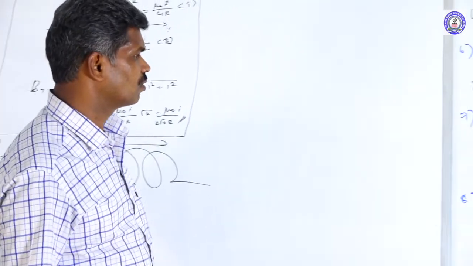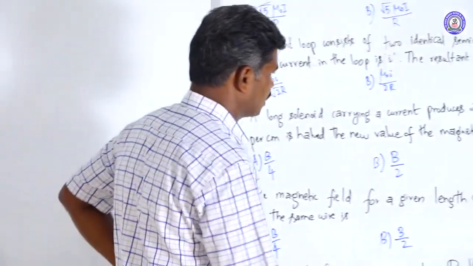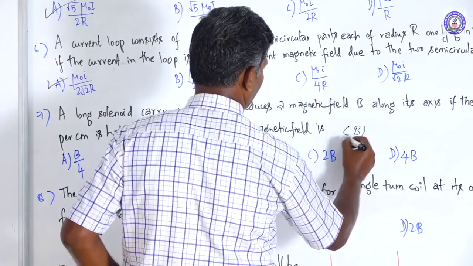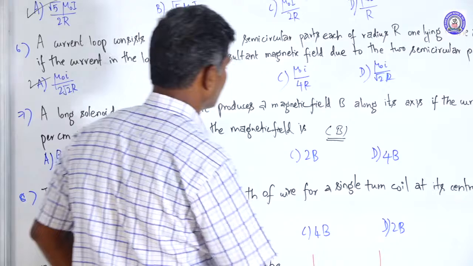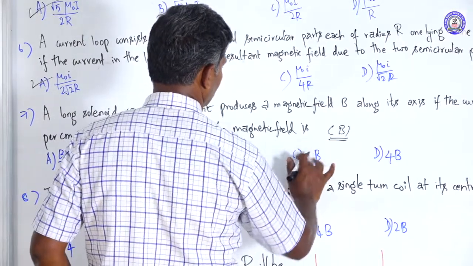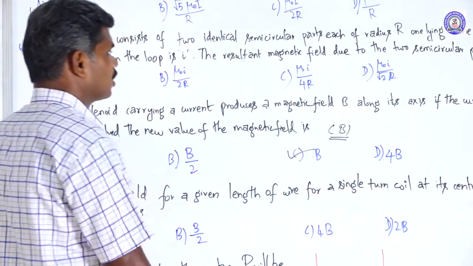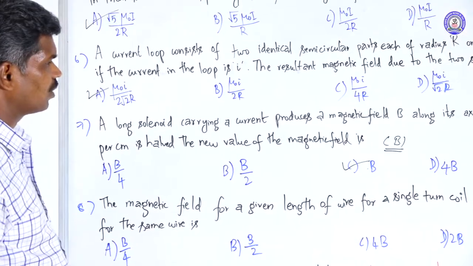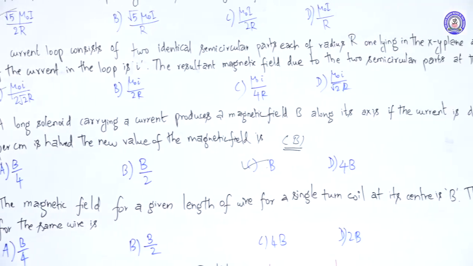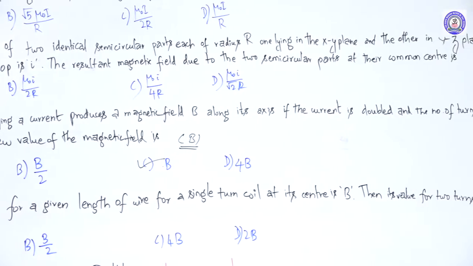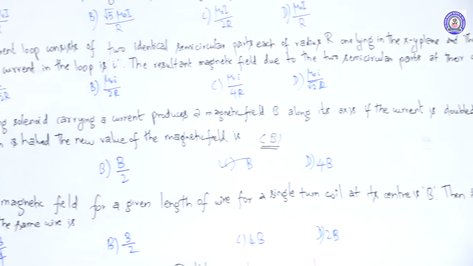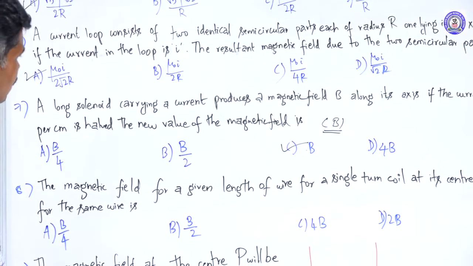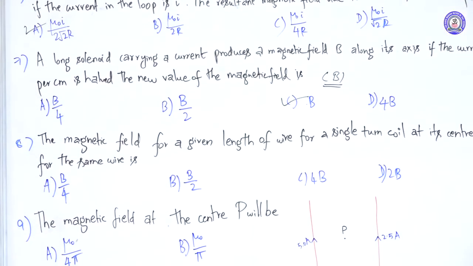The same magnetic induction B is produced. A long current carrying coil produces a magnetic field B along its axis. If the current is doubled and the number of turns per unit length is halved, then the magnetic induction is the same, that is B only.